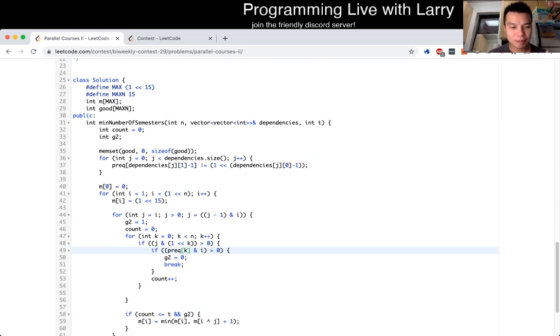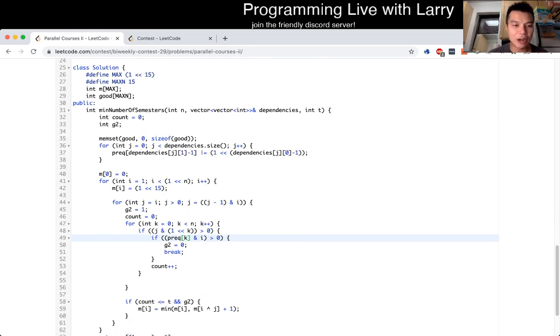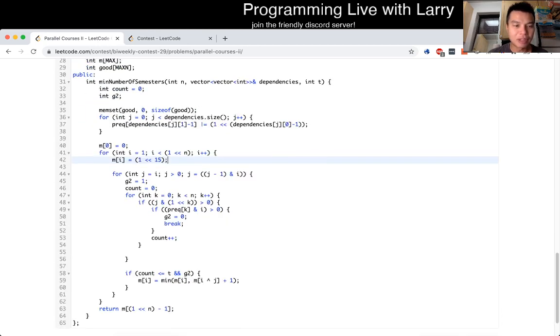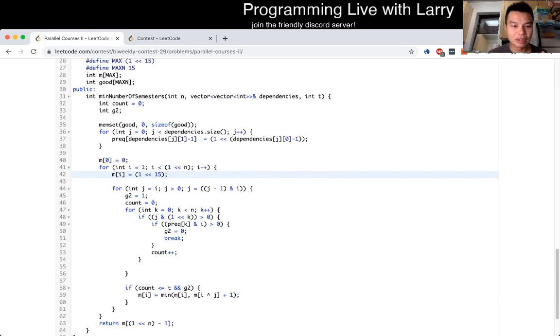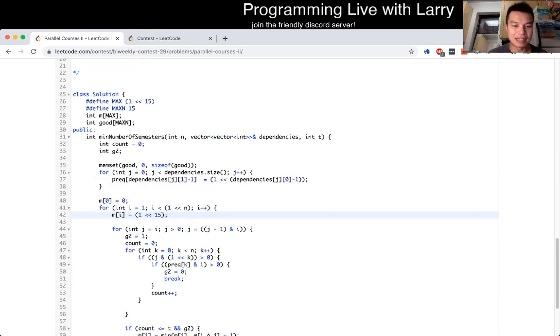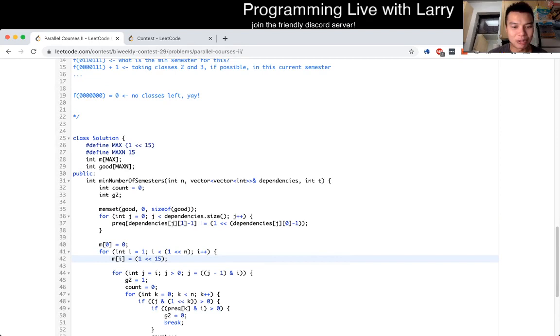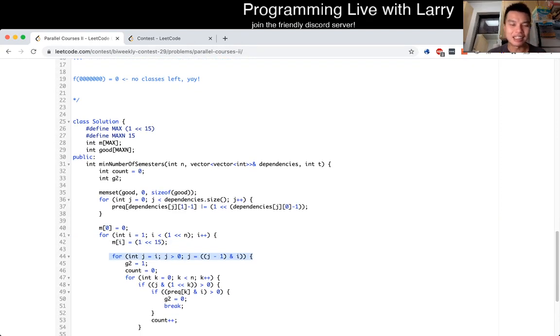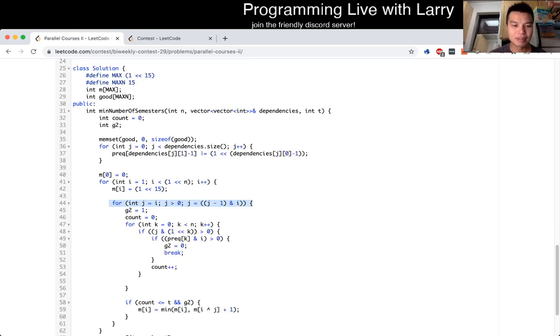But basically, the idea is that for each possible subset, I use this. This is a really hard notation to understand in the sense that it's not a common thing, but it gets the subset of a subset, so it allows you to do 3 to the n times, and then for each of these, this is a candidate.